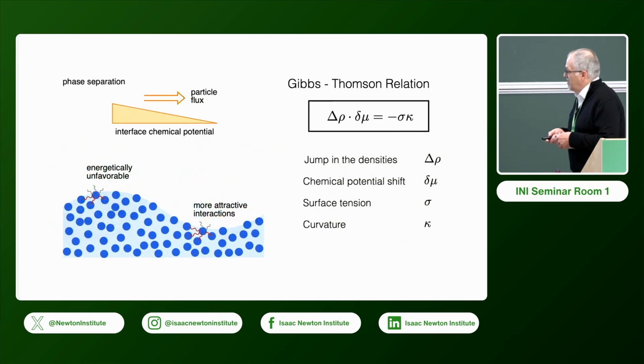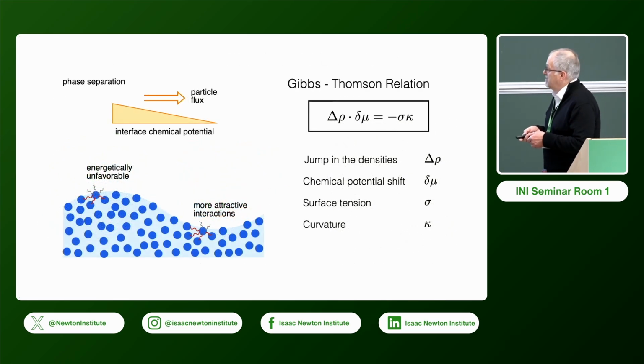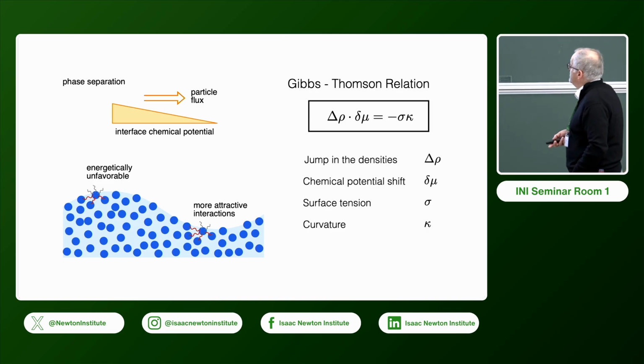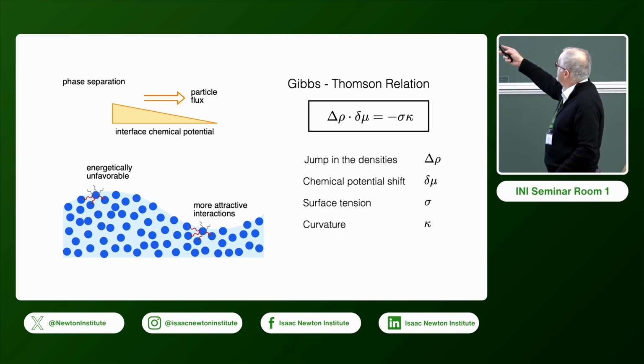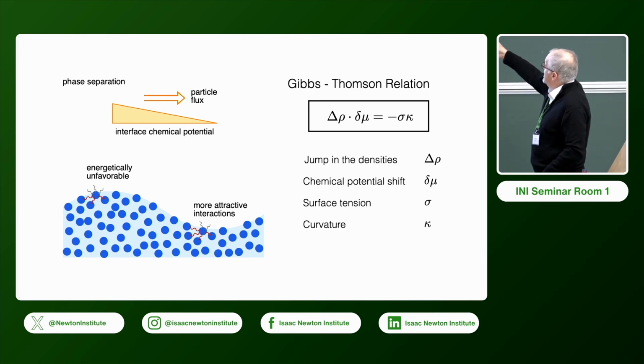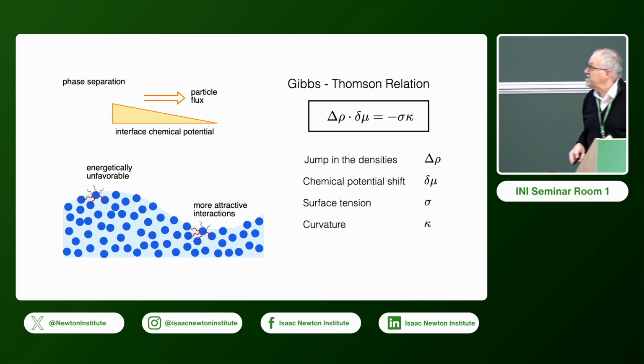So let's look just into what we know about phase separation in these systems. It's driven by gradients in the chemical potential. There's this famous Gibbs-Thomson relation that just relates all the osmotic pressures that you have in the system to the Laplace pressure. So here you have the jump in all the densities of your different components.